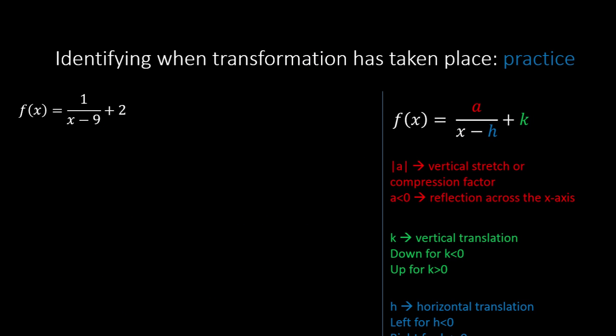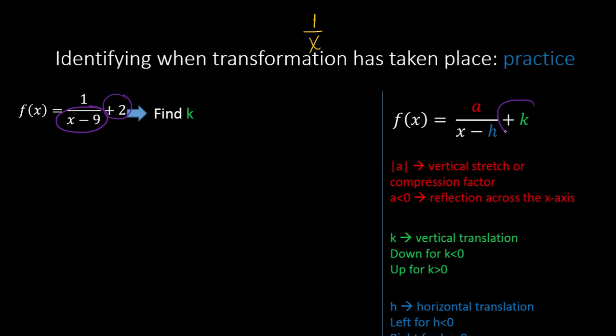Let's keep going. Alright, so say we have f of x equals 1 over x minus 9 plus 2. Again, we're just comparing to 1 over x. What's different here? Well, I'm subtracting 9 in the denominator and I'm adding 2. So that means I'm going to have to find a k and an h.